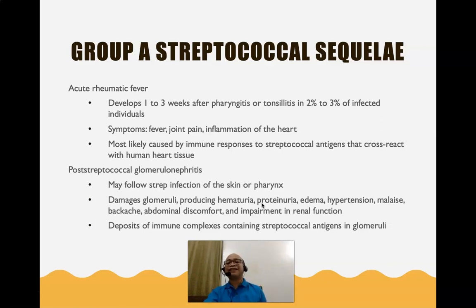Acute rheumatic fever has the following symptoms: fever, joint pain, inflammation of the heart. It is most likely caused by immune responses to streptococcal antigens that cross-react with human heart tissue. So that's the reason why I never ignore a simple sore throat.